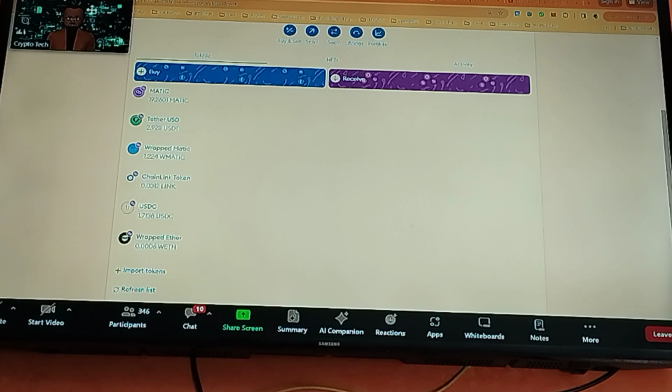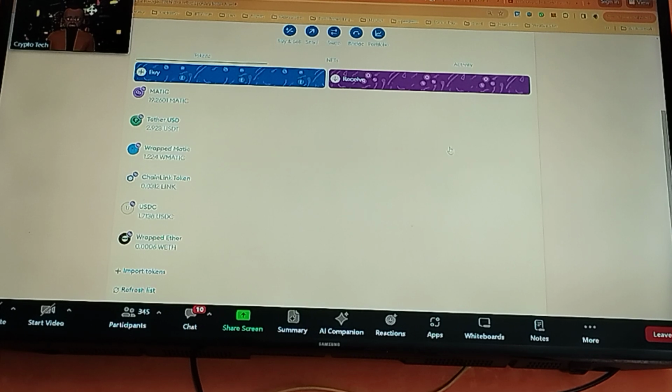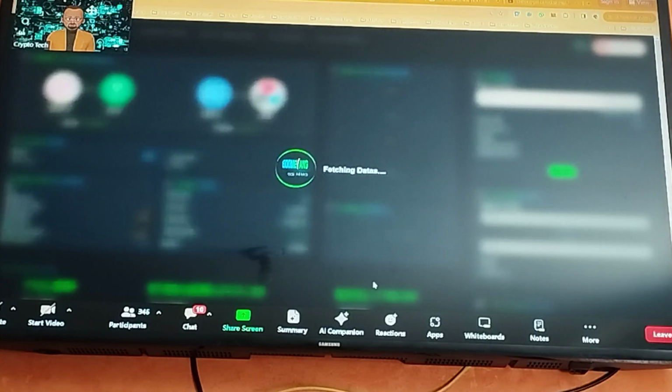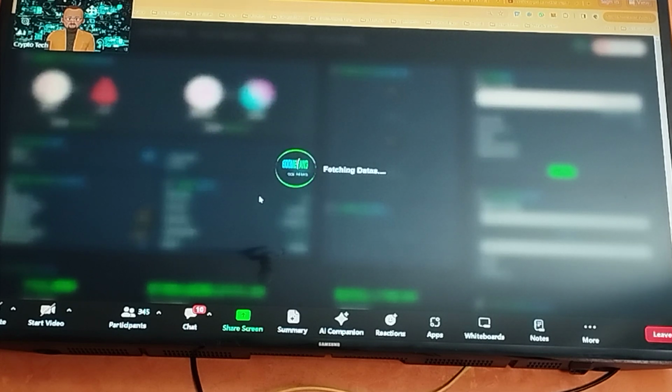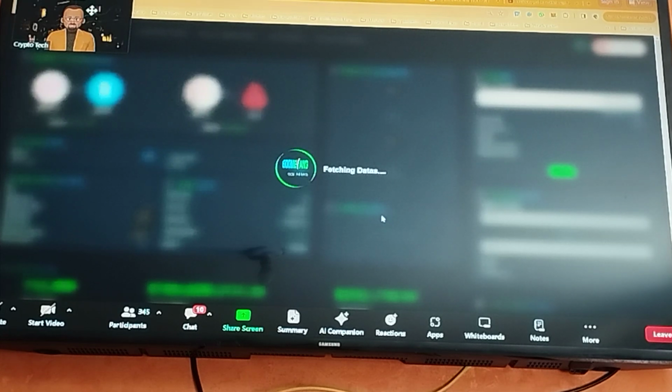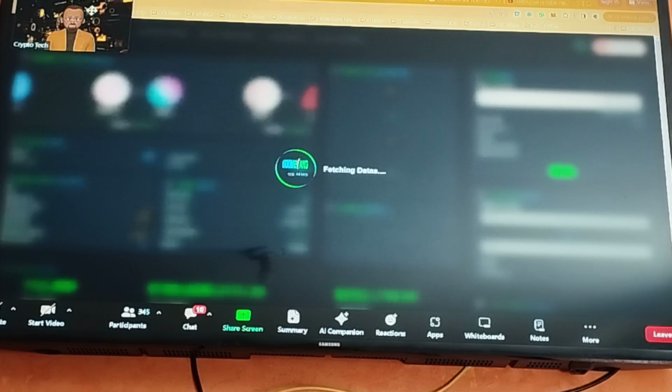I will bring that up right after we do a trade so we can compare the numbers. Okay, we have Tether, Matic, Tether, Chainlink, USDC, and ETH all on this page. I think we have a small delay in fetching data.